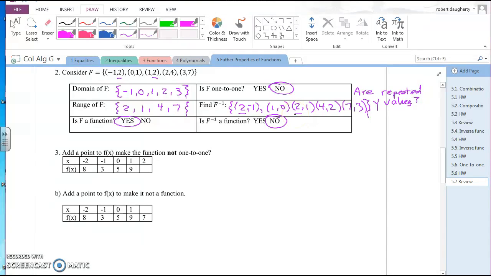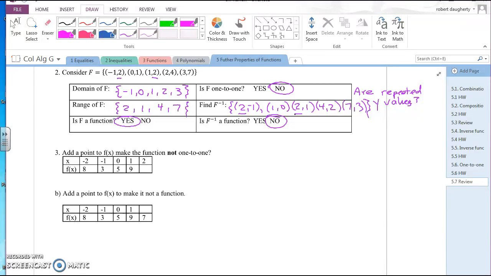Remember we talked about it. If a function is not one-to-one, then the inverse is not a function. So you can memorize that or just work with it, and you can tell just by looking at the data that yes, it's a function, but it's not one-to-one. That means when I create the inverse, if I've got repeated y values in f, when I invert it, I'll have repeated x values in the inverse. So that's what makes the inverse not a function.